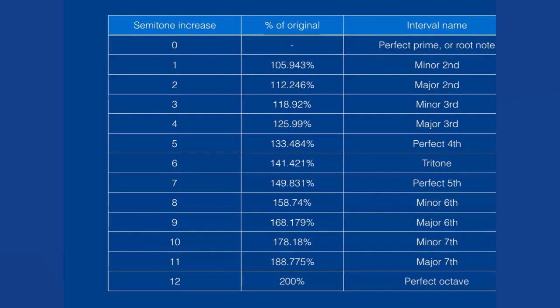Now, if we look at what's called the perfect fourth, which is here, it's 5 semitones up. You can see that this value is almost exactly 2/3 of this value, 200%.